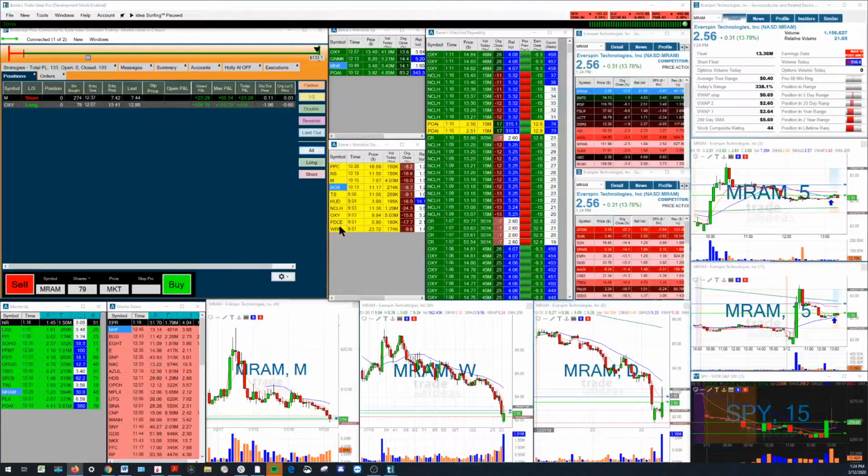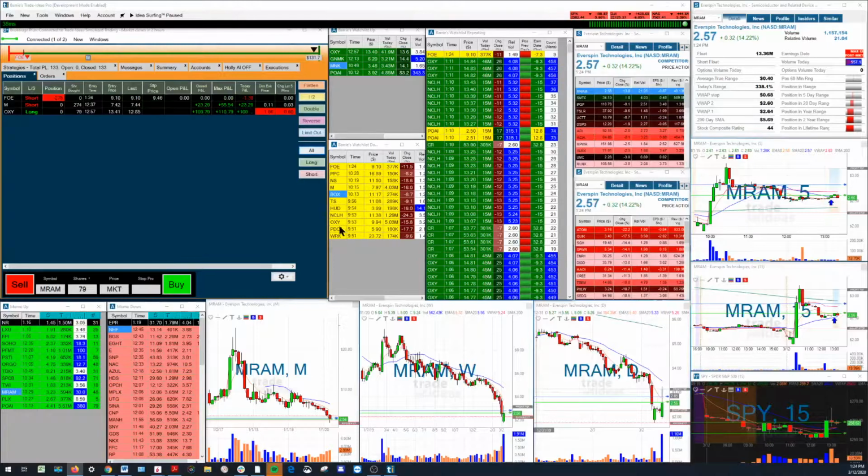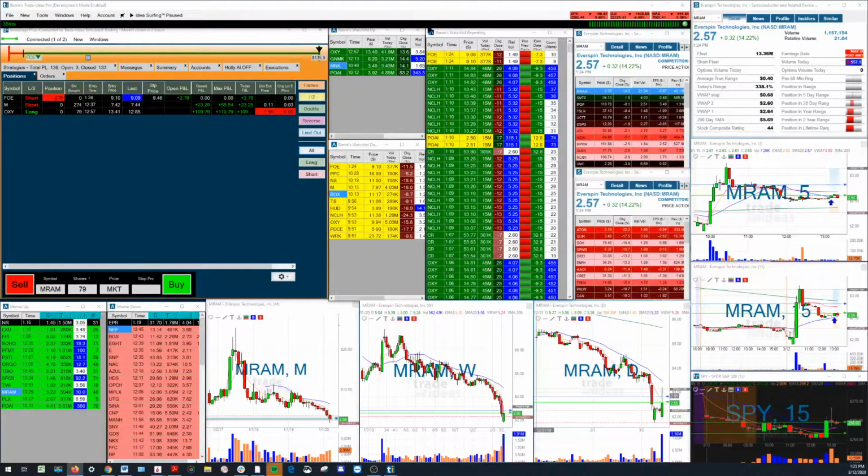Okay, how do you see volume on the scanner? Do you have Trade Ideas? Have you ever created an alert? Have you ever created an alert window?